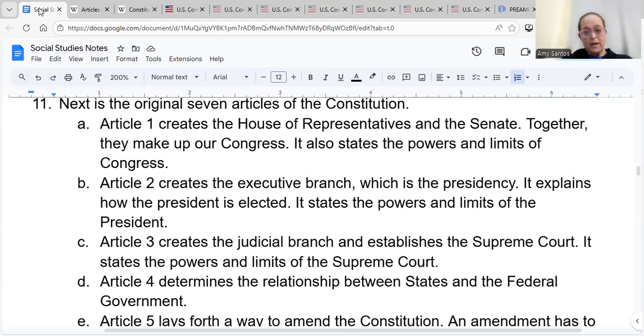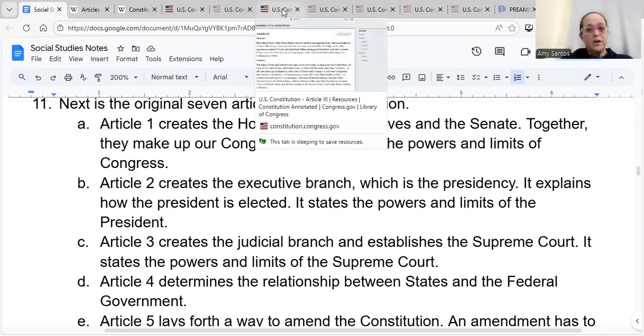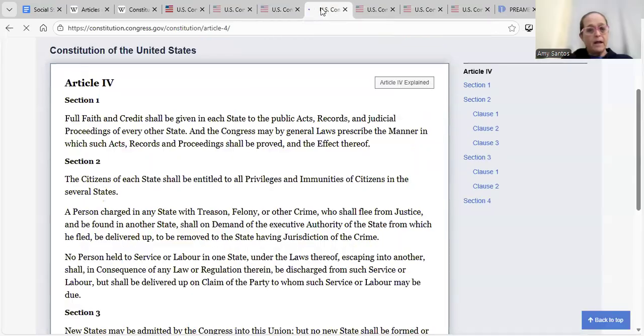Article 4 determines the relationship between states and the federal government. It tells basically what the states are responsible for and what the federal government is responsible for.